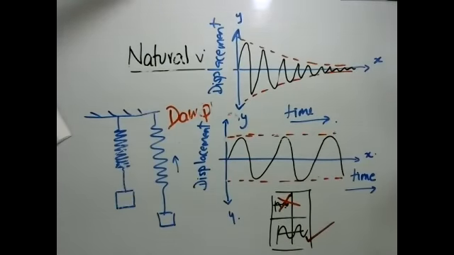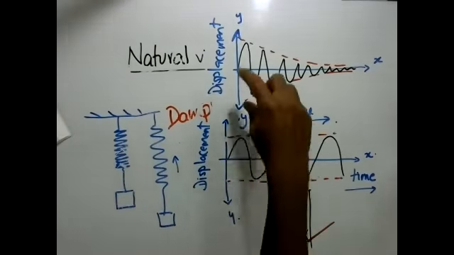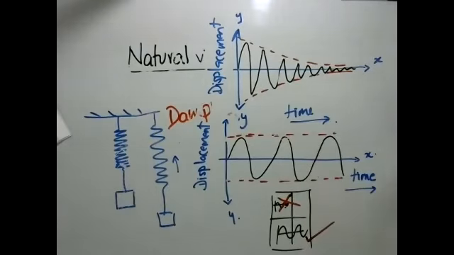Okay, now that graph represents a sound wave that has some external force acting on it and therefore is damping it. So there is a damping force present. Therefore, the amplitude reduces as time goes ahead.